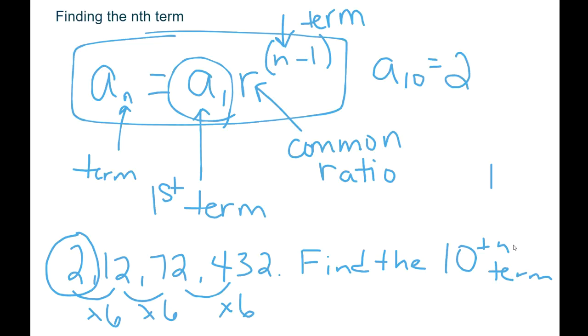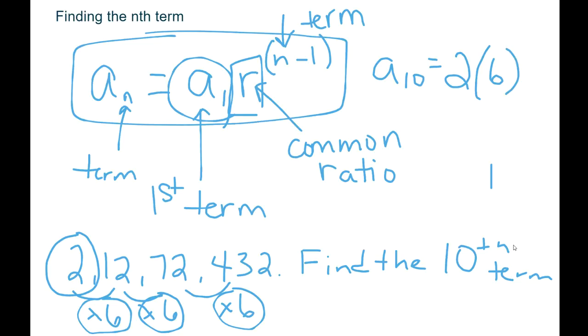So you replace that. What is the ratio? The 6, because that's what's happening each time, times by 6. And then it's all raised to what term do we want? 10. 10 minus 1. So, again, it's all about order of operations. So you're going to take 6 to the 9th power, and then go back and take it times 2.